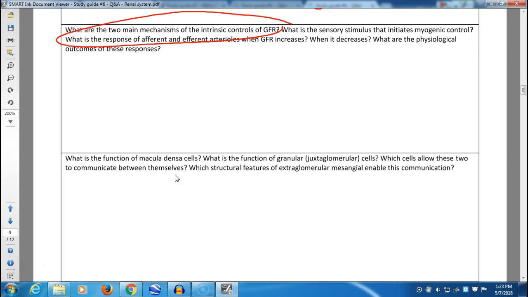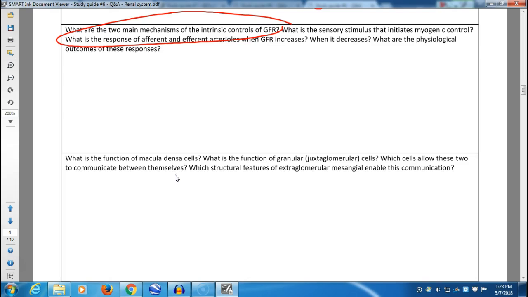Here's the deal. The hard part about the tubular-glomerular mechanism: we know what to do in the end. The hard part is how we get there. Does that make sense? So I will ask you how we get there. There will be a question about it. I promise. Are we clear about it?